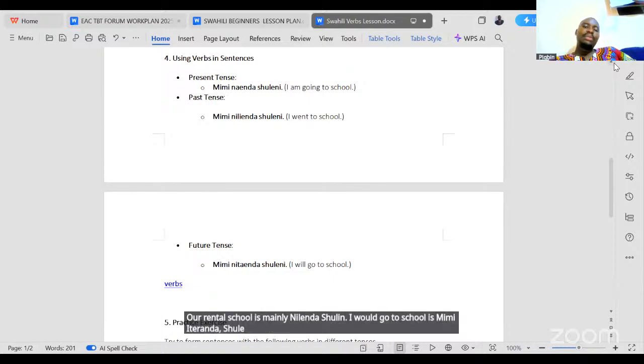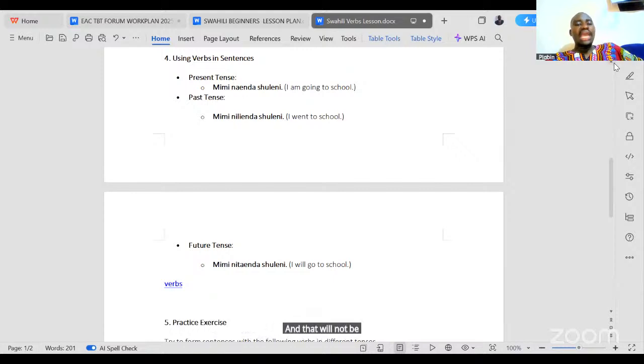If you are to speak about wewe, we'll say wewe in the present tense. Wewe unaenda, it will not be naenda, it will be unaenda shuleni. Or wewe ulienda shuleni. Or wewe utaenda shuleni.